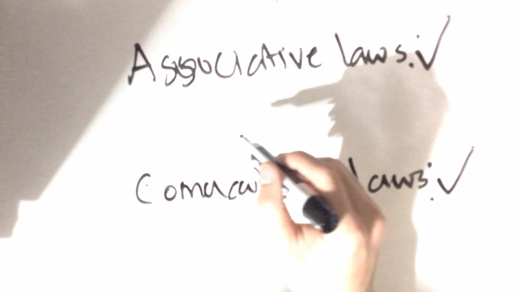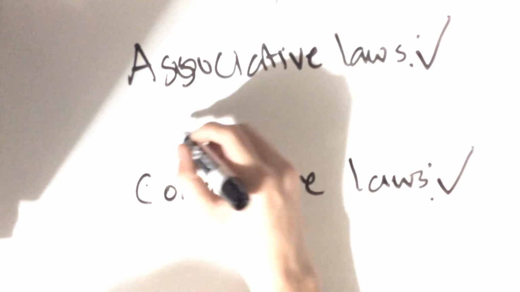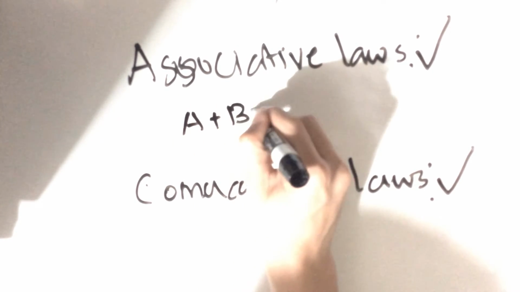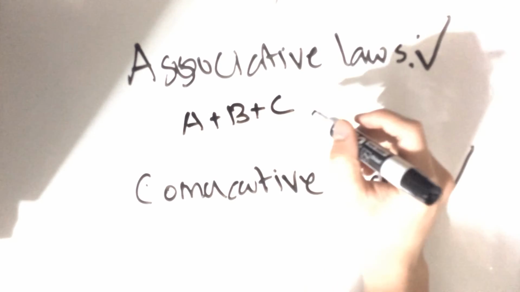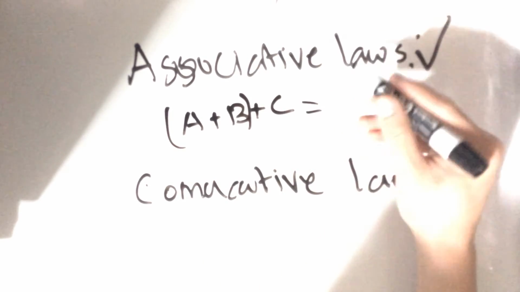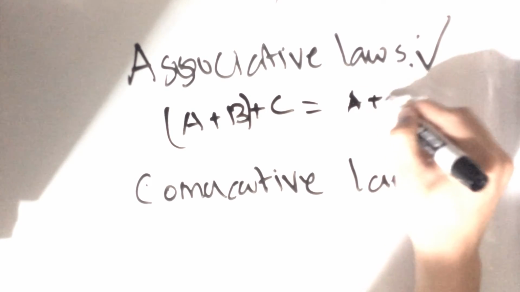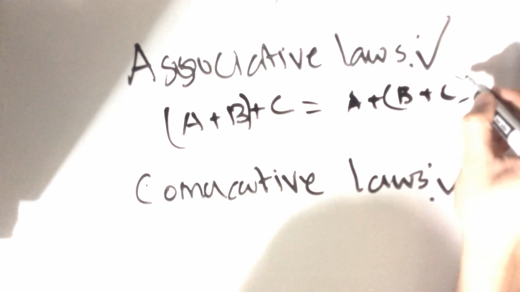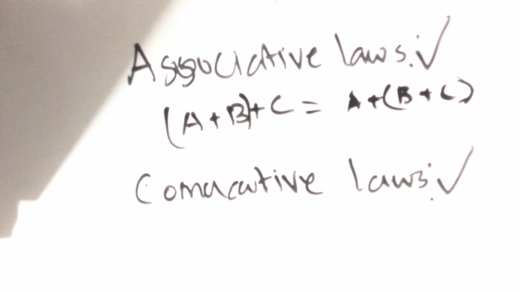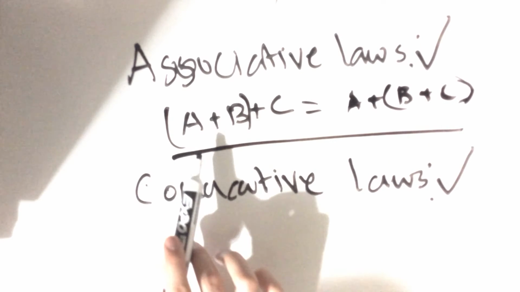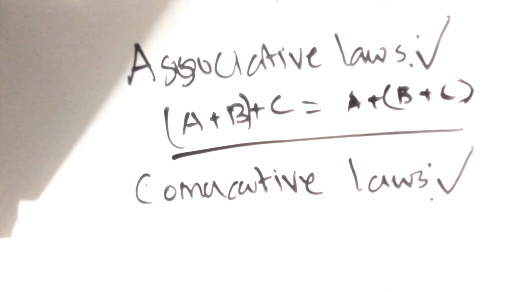Now what I mean by that in the OR gate is this. A plus B plus C is the same thing as A plus B plus C, grouped differently. Like that. Alright? Now, this is associative because of this property right here.